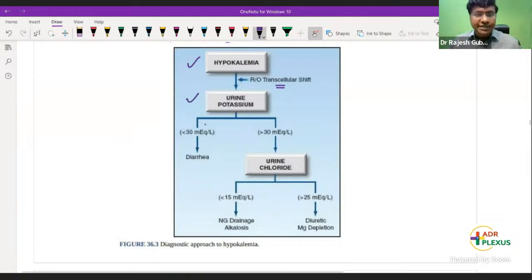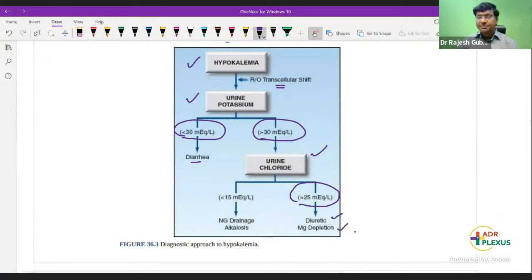Then you check the urinary potassium. If the urinary potassium is less than 30 milliequivalents per liter, it is diarrhea. And if the urinary potassium is more than 30, it is urinary loss. Now again, in the urinary loss, what did I tell you? Either it would be because of hypomagnesemia, or because of nasogastric tube drainage, or due to alkalosis also. Now, if the urinary chloride level is more than 25, then it is due to diuretic as well as magnesium depletion.